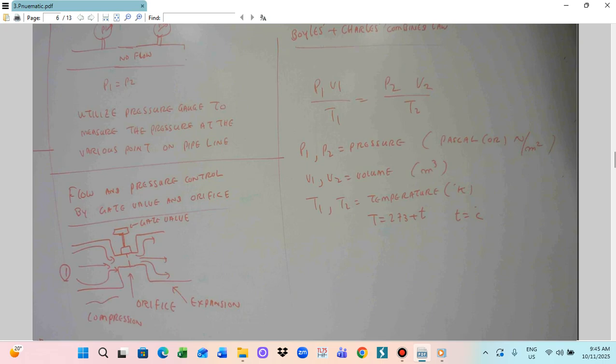Due to the compression and expansion, it can affect the volume, pressure, and temperature. When the gas is expanded or compressed, it affects the pressure, volume and temperature. So there is Boyle's law and Charles's law. The combination of Boyle's and Charles's laws we utilize for the compression and expansion of the gas.